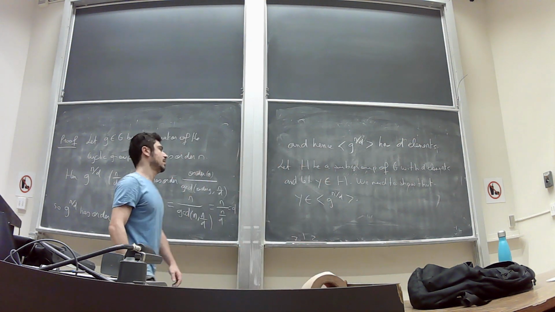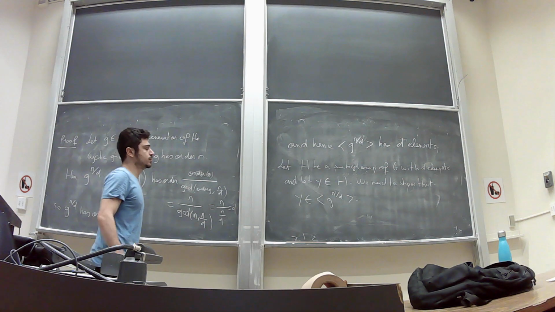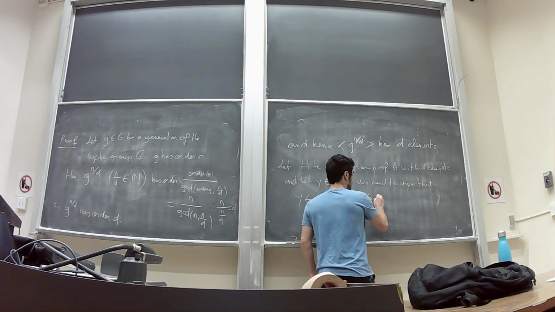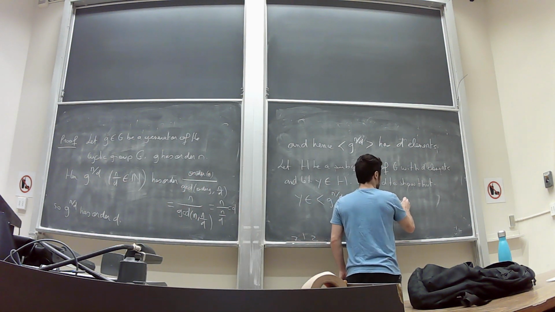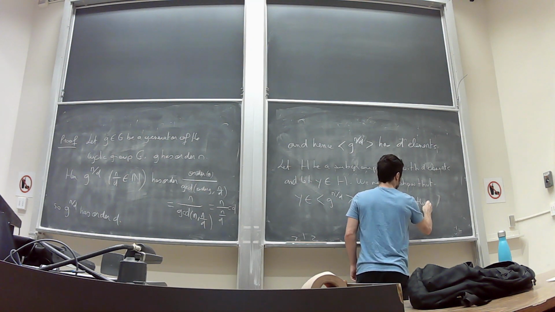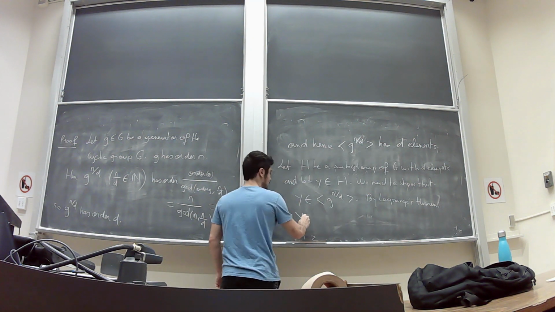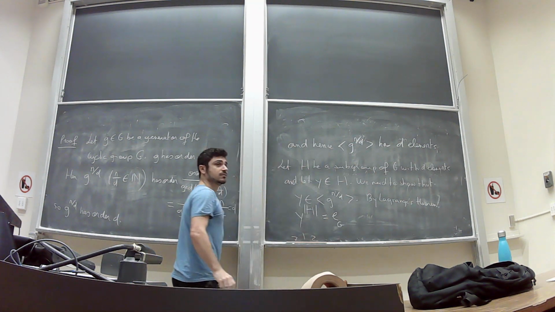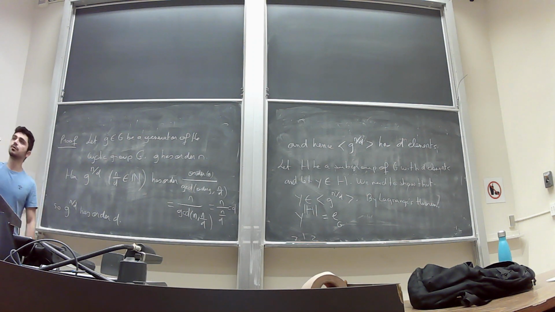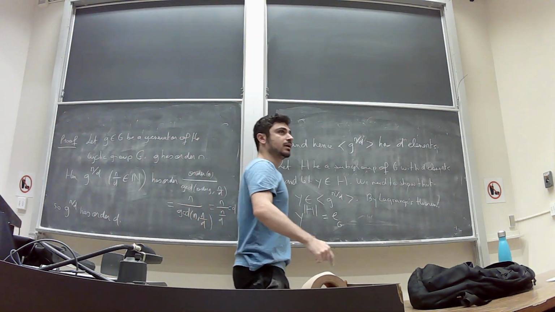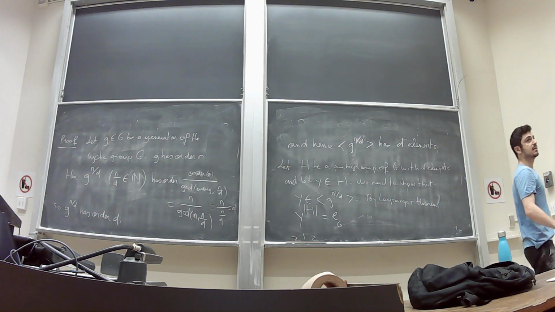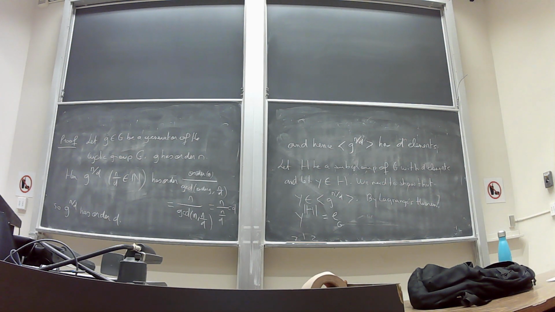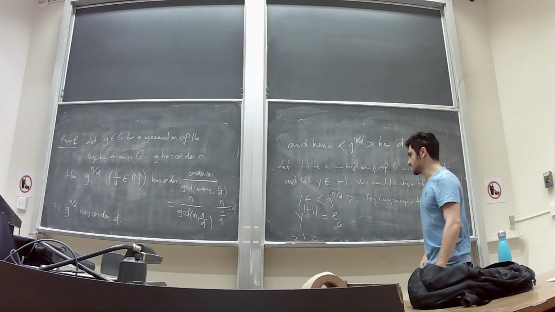Great. Now, how do you prove that? First of all, by Lagrange's theorem, we know that y to the number of elements of H is equal to the identity in G, because the order of y divides the order of H. So when you raise y to the power of the number of H elements, you get e_G.